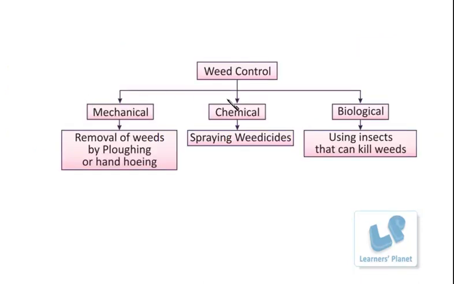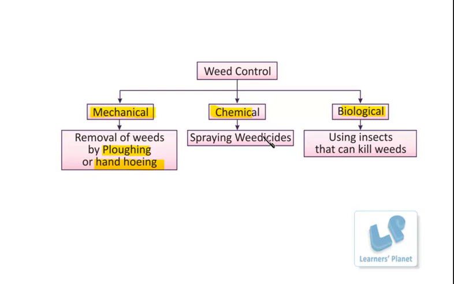Well, there are different weed control methods. Number one is mechanical, then chemical, and biological. Mechanical means the removal of weeds either by plowing or by hand hoeing. So it is done either simply with the hands, or by using some tools, right?